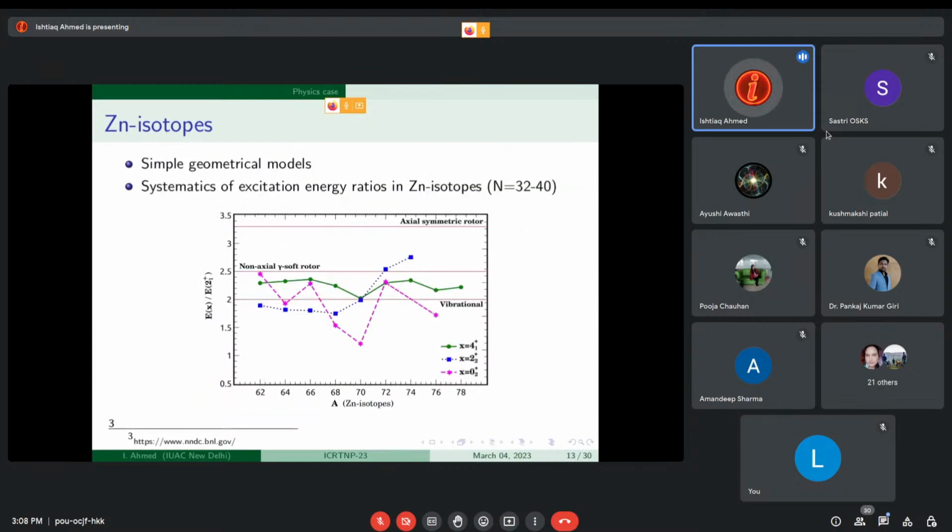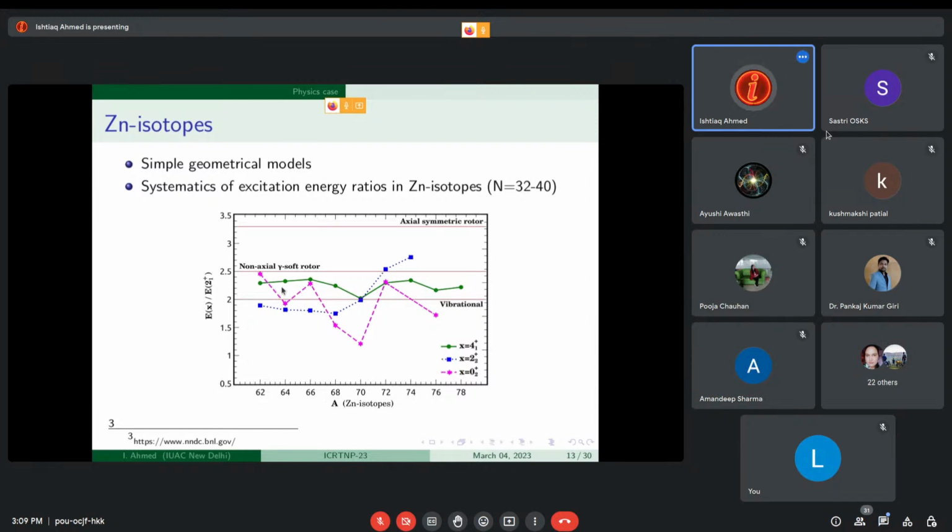Now again, you look at the zinc isotopes. I have plotted the ratio of the energy of the second excited state to the first excited state on the y-axis, and on the x-axis you have the zinc isotopes. So this is the ratio of the two-phonon triplet to the first excited state, for all the zinc isotopes.